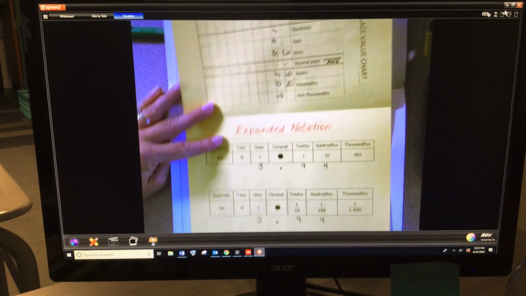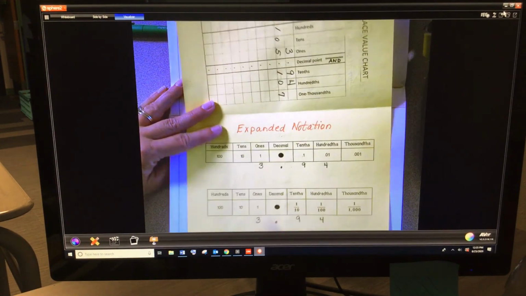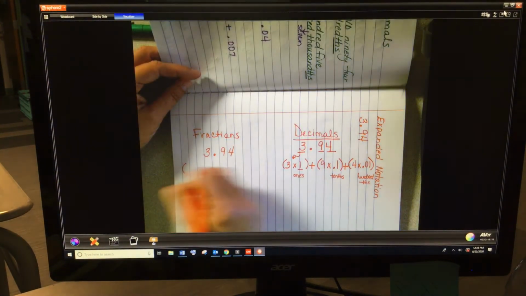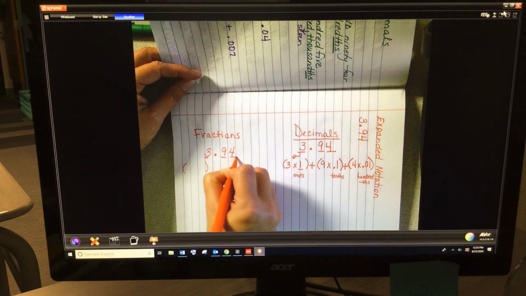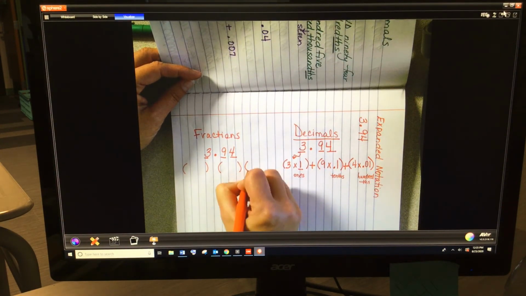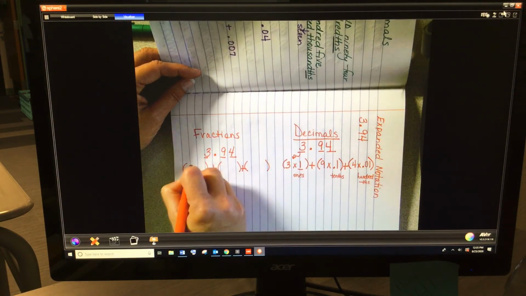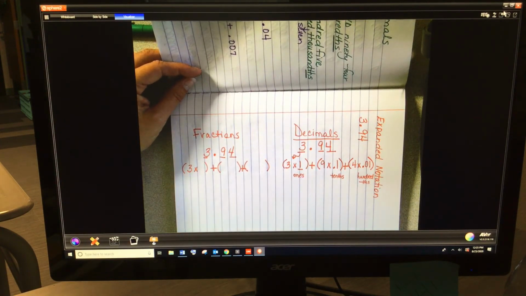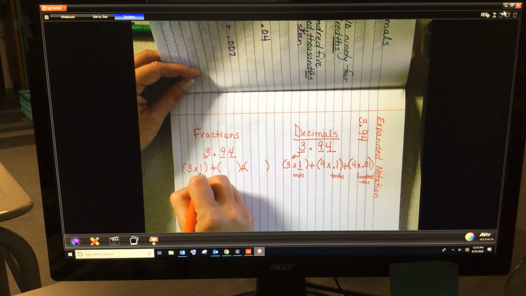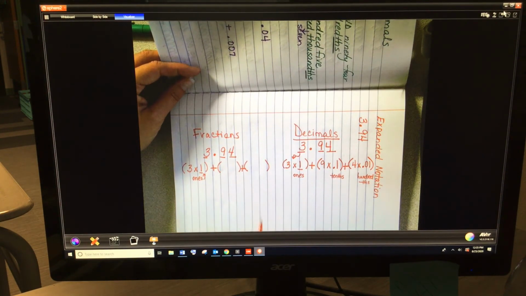So we still have 3 times what? 1. So again, we have 3 numbers, so we're going to have 3 sets of parentheses. Add in between. So we have 3. What place value is the 3 in? Well, it's in the ones place, so that's why we're using the number 1.